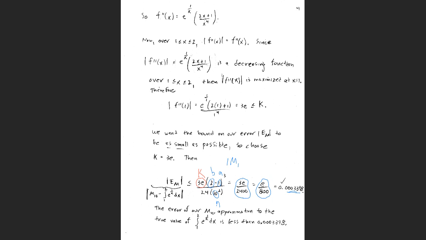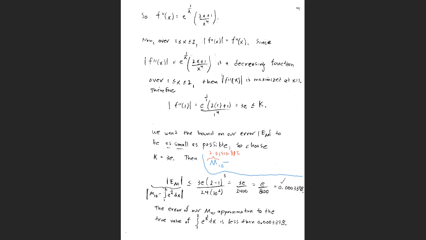So we can say that our approximation, if you recall, for the midpoint rule using 10 subintervals, was 2.019101885.